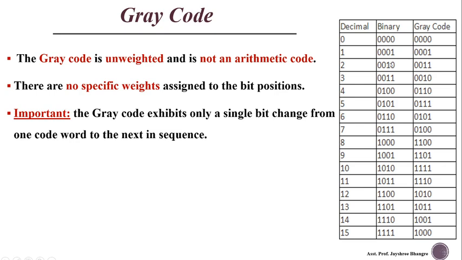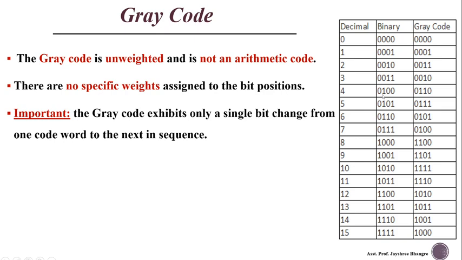Let's see how. So here in binary, if we see the change, the first code given is 0001 and its next code in the sequence is 0010. If we look here, the first or LSB bit changes from 1 to 0 to represent the next number, and the next bit, that is 0, also changes to 1. That means to represent the next sequential number in binary, 2 bits are simultaneously changed.